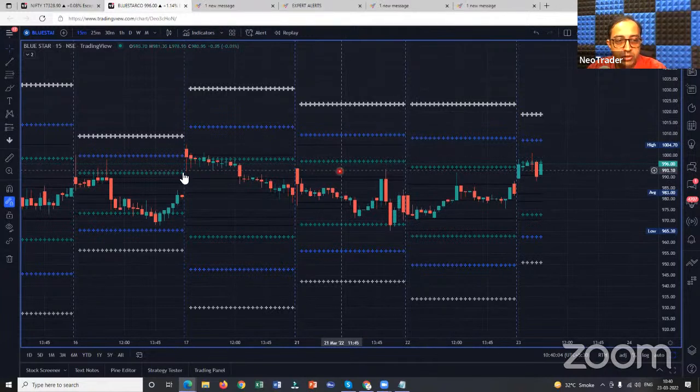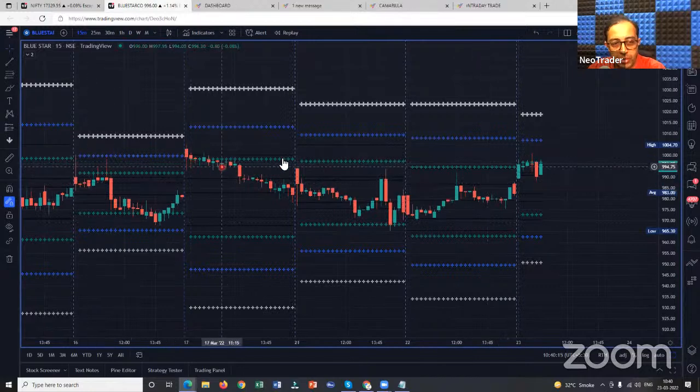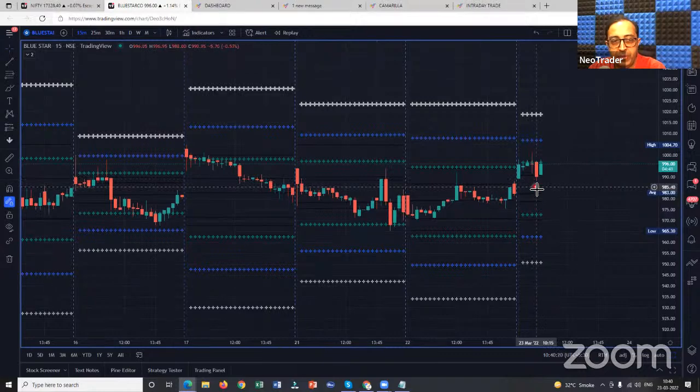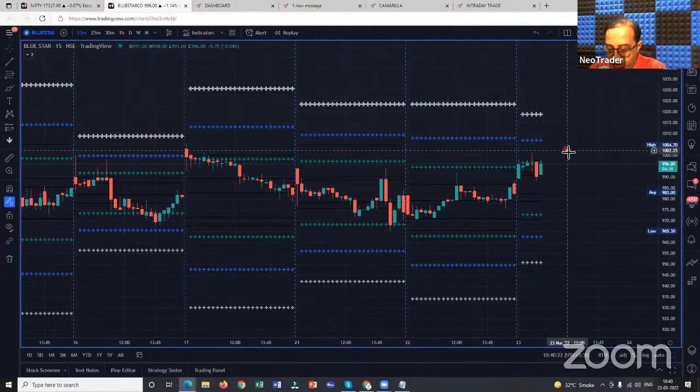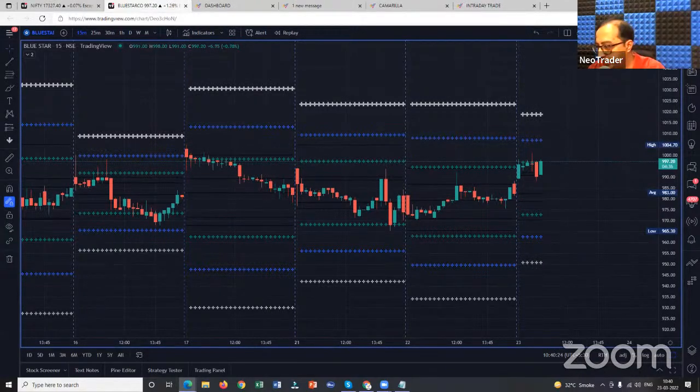So yes, it is looking to be a very good setup. You can see that the overall build-up is quite good, and you can see some rounding pattern development as well. So movement above this would definitely augur well for Blue Star.